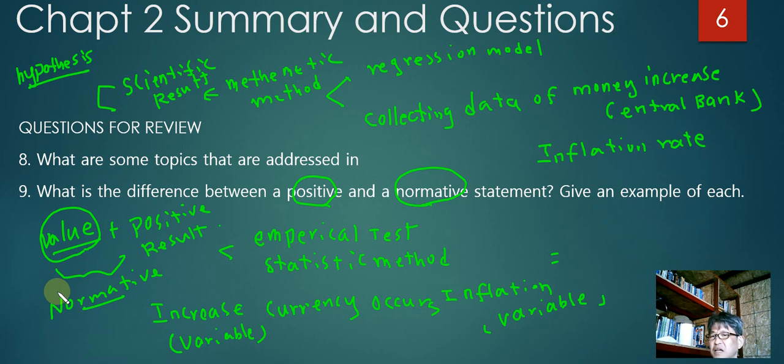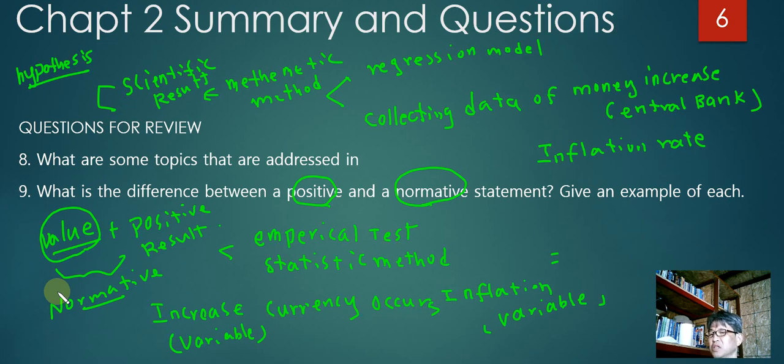Then that is normative. But simply, increase the wage will occur impressions. That is positive.